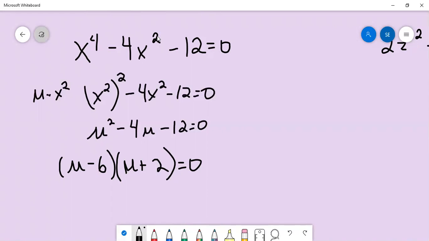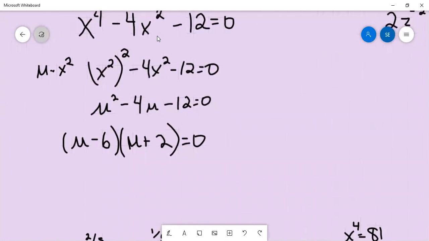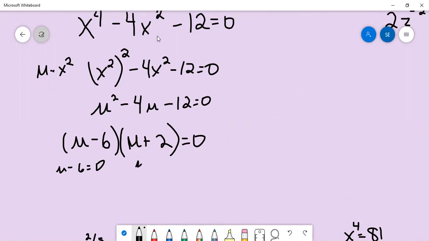Okay? So now we just set each factor equal to 0. So u minus 6 equals 0, and u plus 2 equals 0. So u is equal to 6, and u is equal to negative 2.